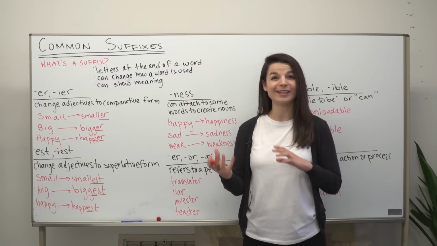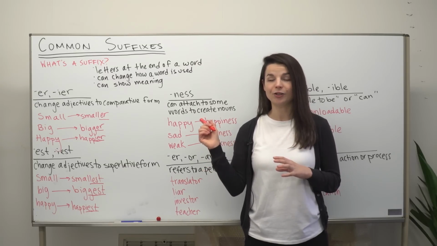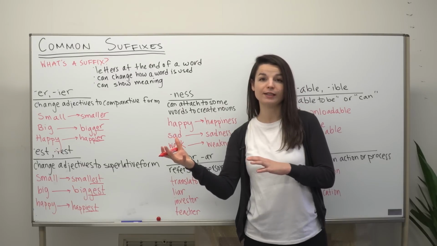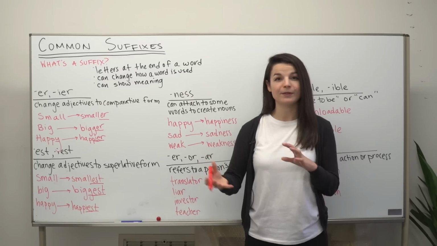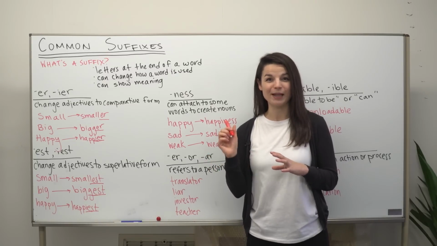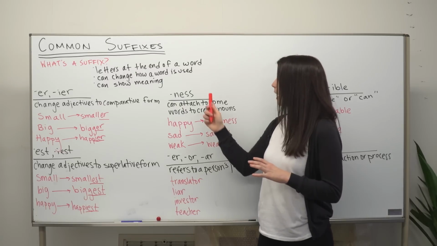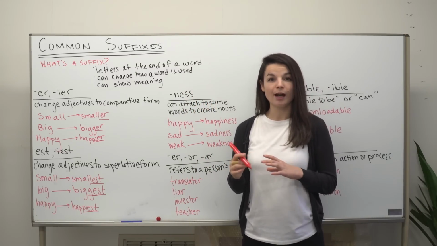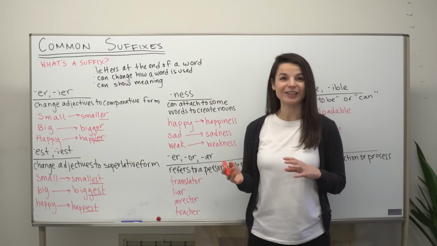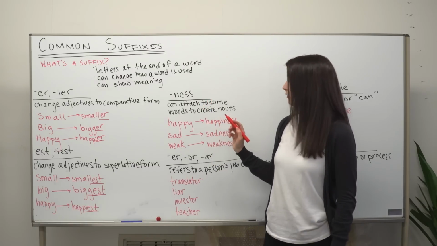Sometimes native speakers like to play around and attach suffixes to words that typically do not take that suffix. So sometimes native speakers will joke around and make new words this way. But there are only a few, or I should say there are a limited number of words that we can officially use ness with. These are a few examples.